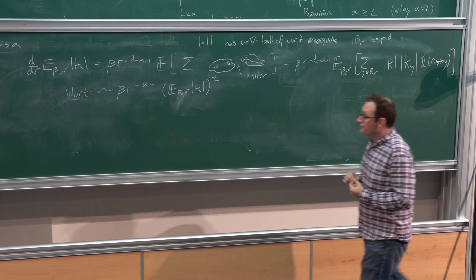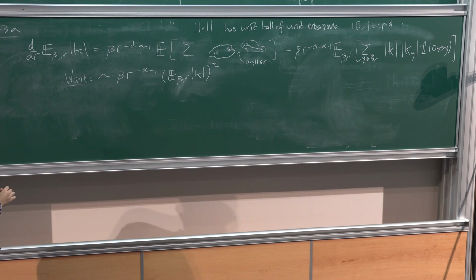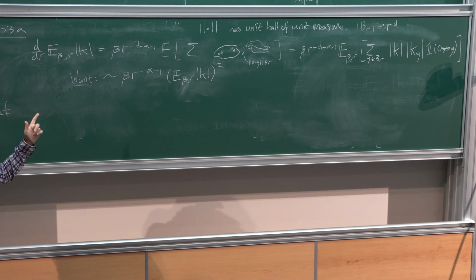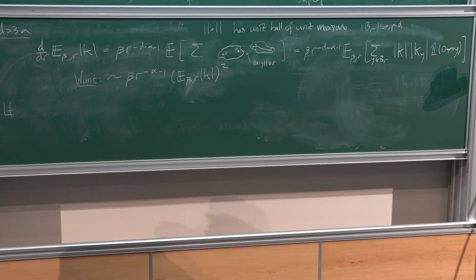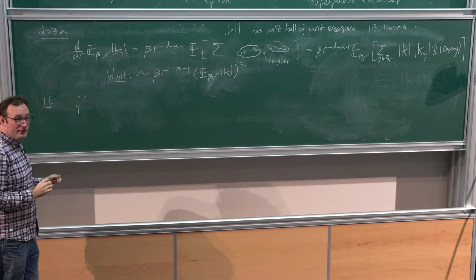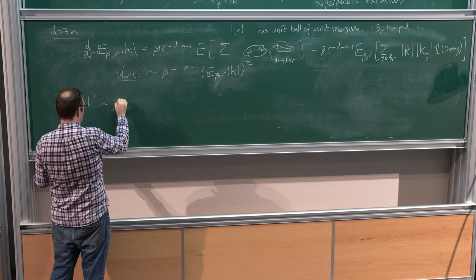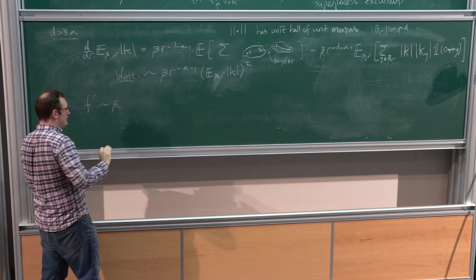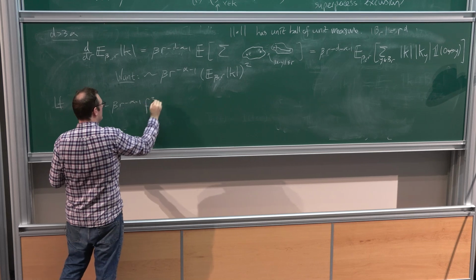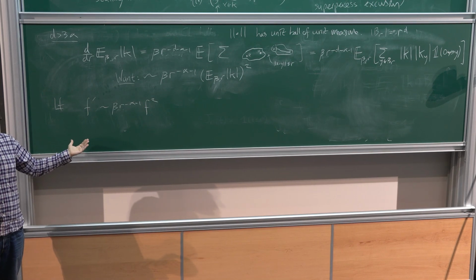Now, the first thing to notice is, thinking about this abstractly, suppose I have a differentiable function f whose derivative is asymptotic to beta times r to the alpha minus 1. So it's like an ODE, but only a first order asymptotic ODE.